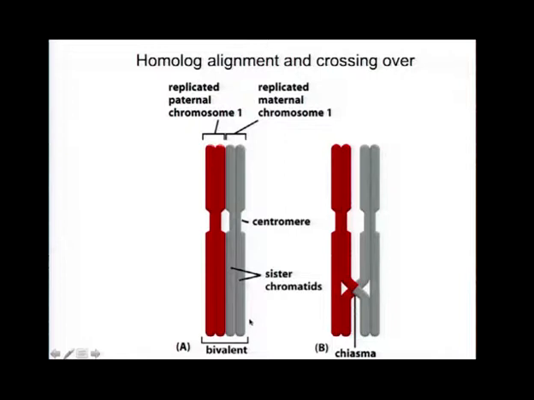In mitosis, there is no crossing over. There's no confusion between the pair that was paternal and the pair that was maternal and whether or not we get an exchange there. The advantage of sex disappears in mitosis if everything goes correctly.